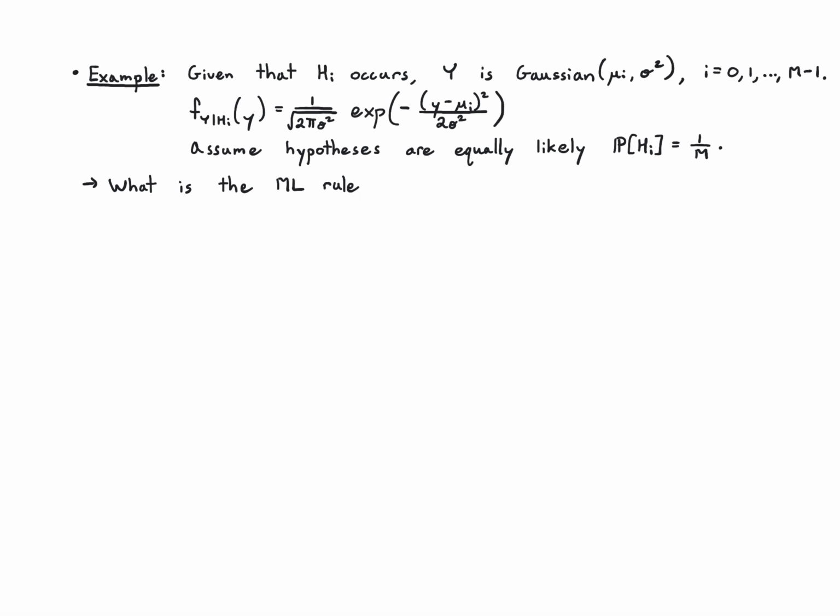We're going to use this notation that we developed and just see how to manipulate it a little bit. So what we're going to get is argmax of the conditional PDF, and we're going to run over all the choices of hypotheses and pick the hypothesis that gives us the largest value of this conditional PDF. So the first thing I'm going to do is just plug in for this conditional PDF, which I've written out above. So I'm just going to rewrite it here, keeping this argmax notation around.